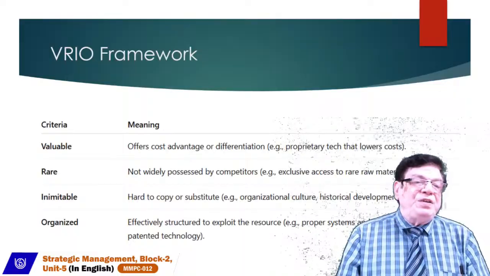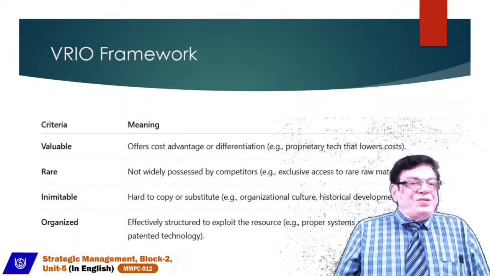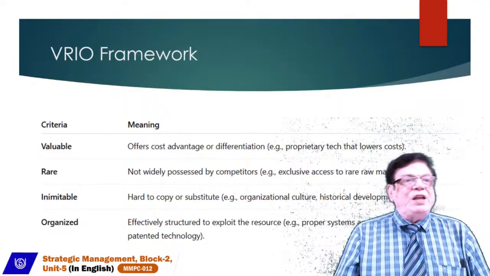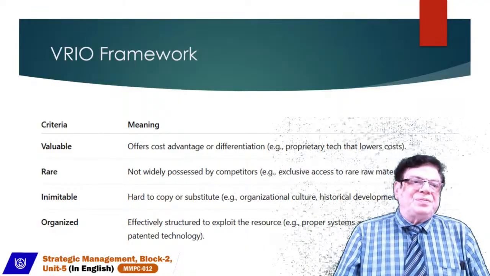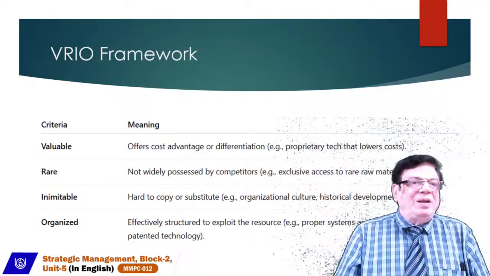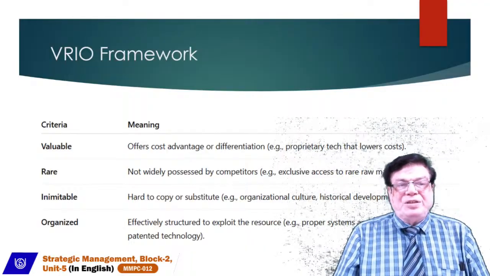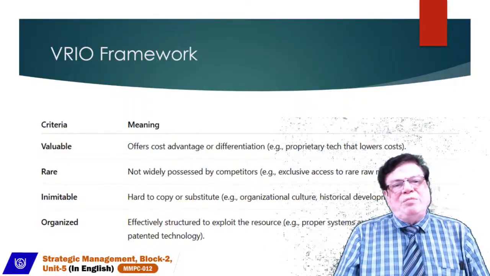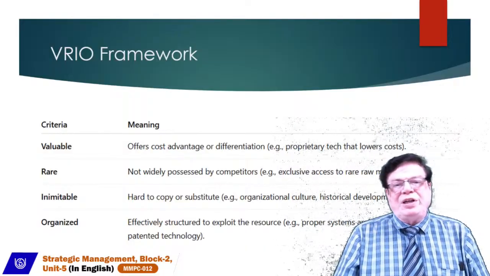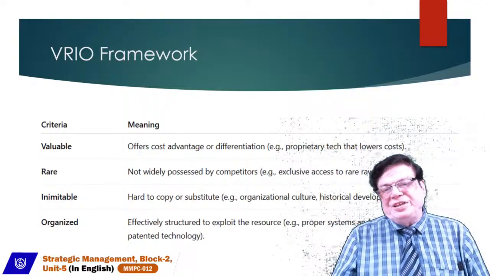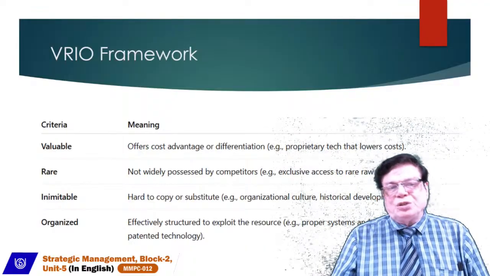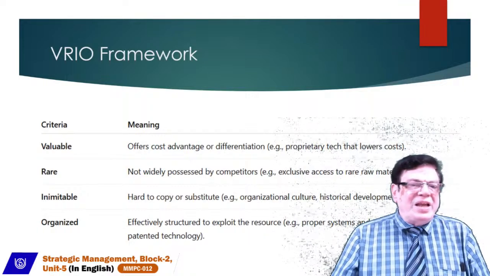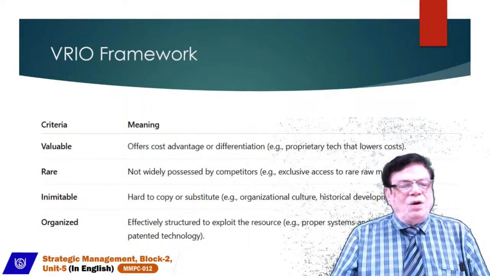So our VRIO framework is: V stands for valuable, R stands for rare, I stands for inimitable, O stands for organized. First criterion is V, valuable. Valuable means it offers cost advantage or differentiation, that is, proprietary tech that lowers cost. Second is R, rare.